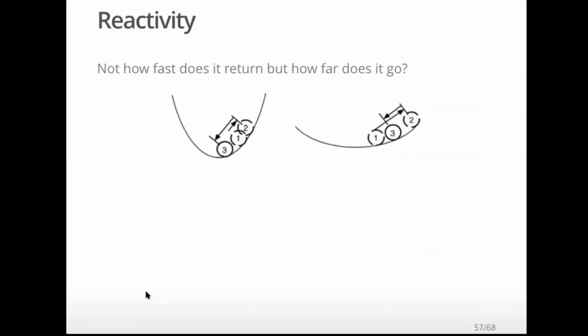Okay, reactivity. So reactivity is this idea that you perturb it, how far away does it go? Again, it's not how fast it comes back, it's how far it runs off. And this is a cartoon again, getting that idea.